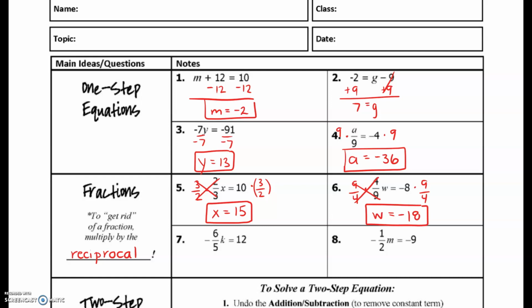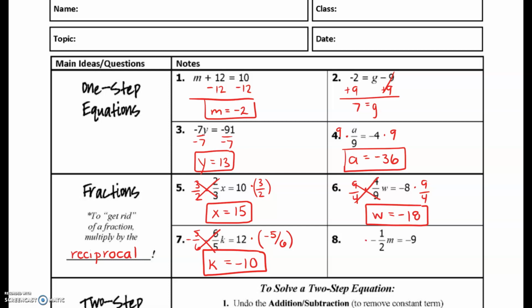In number 7, we want to get rid of negative 6/5. The reciprocal in this case would be a negative 5 over 6. That would cause the fraction to cancel, leaving us with k, and when I multiply this side by negative 5 over 6, I will get a negative 60 divided by 6, which results in a negative 10.